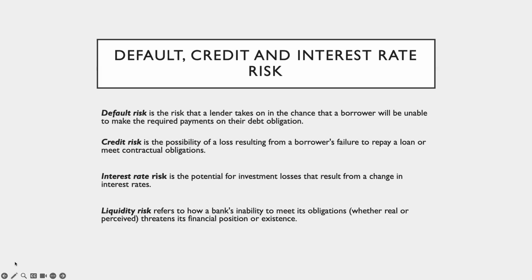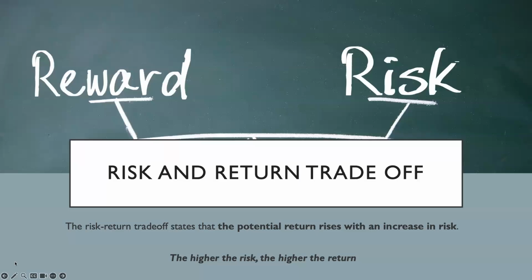Throughout all of these things, we are reminded of the risk and return trade-off. The risk and return trade-off states that the potential return rises with an increase in risk. Therefore, the higher the risk, the higher the return.